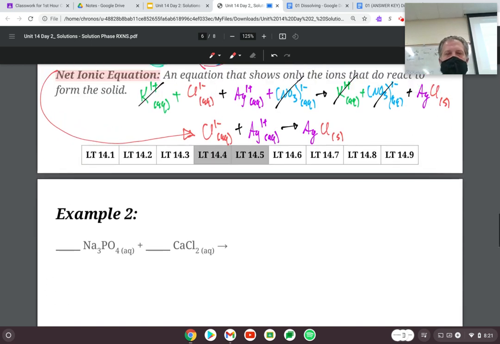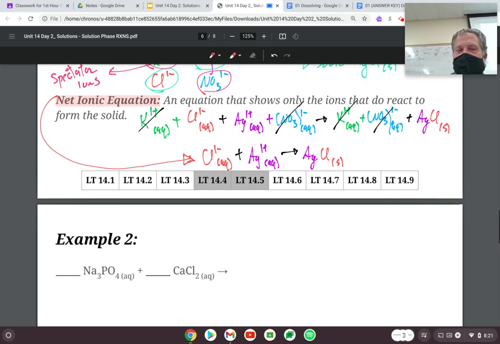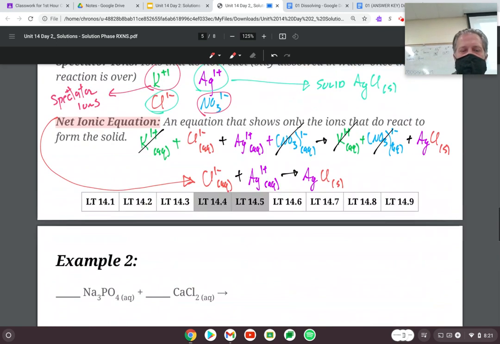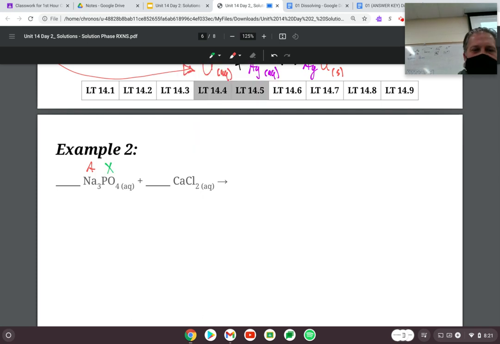All right. So we have another example. In this case, remember, we have to predict our products first. If this is a double replacement reaction, which all of the ones on the worksheet today are, we are going to do the old-fashioned switcheroo.